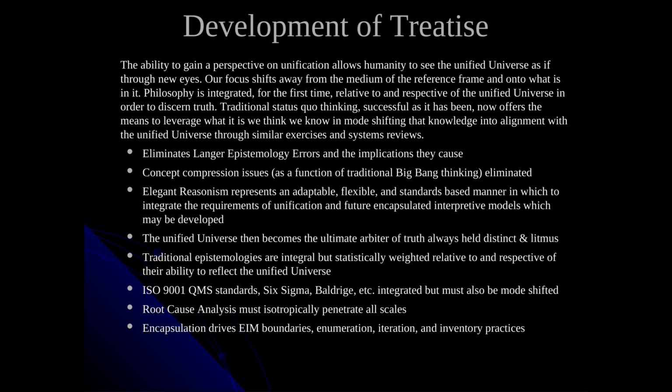But in any case, the arbiter becomes the unified universe, and it is always held distinct and litmus. The traditional epistemologies are integral, but they are statistically weighted relative to and respective of their ability to reflect the unified universe. And so if you have an EIM and it dovetails, and you can do grand and glorious things, and you can create all kinds of interesting technologies from that EIM, that's all well and good.